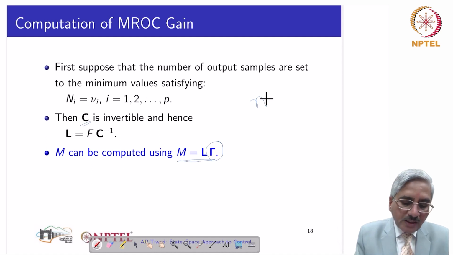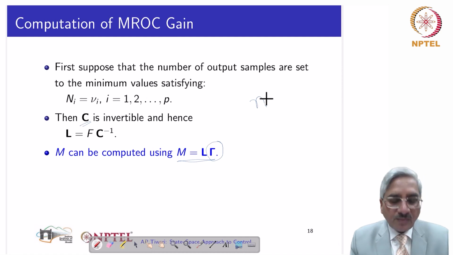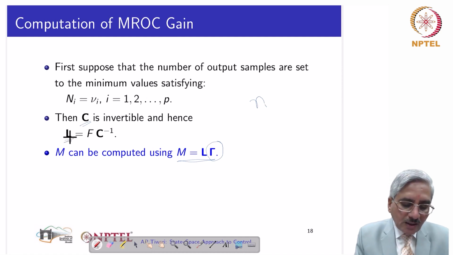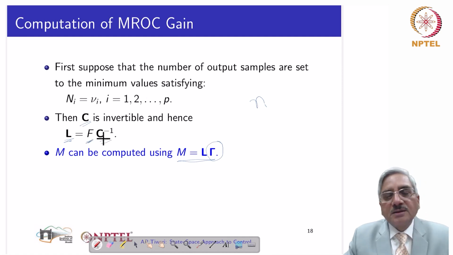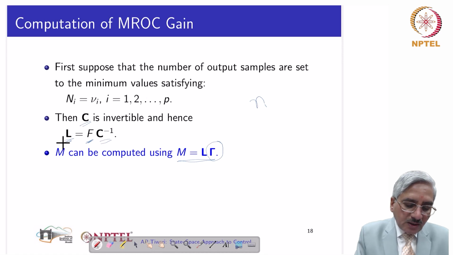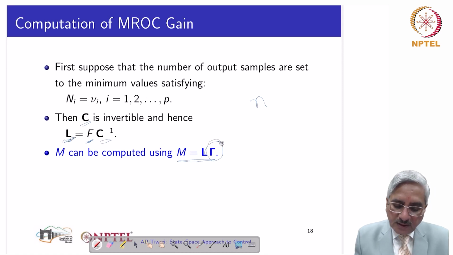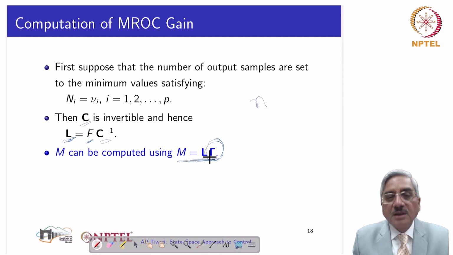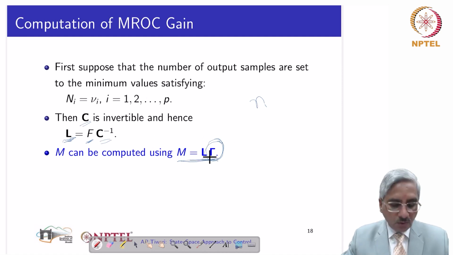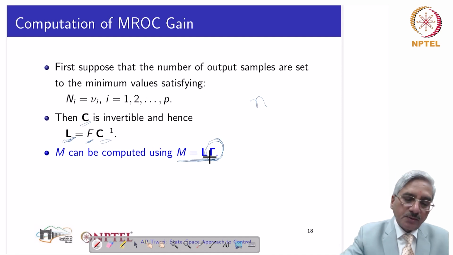So we can obtain C inverse, and then to obtain L, we need to post multiply F by C inverse on the right. And once we obtain L, we first calculate gamma, and then M can be obtained as bold L times bold gamma. We can do this computation. It is straightforward.